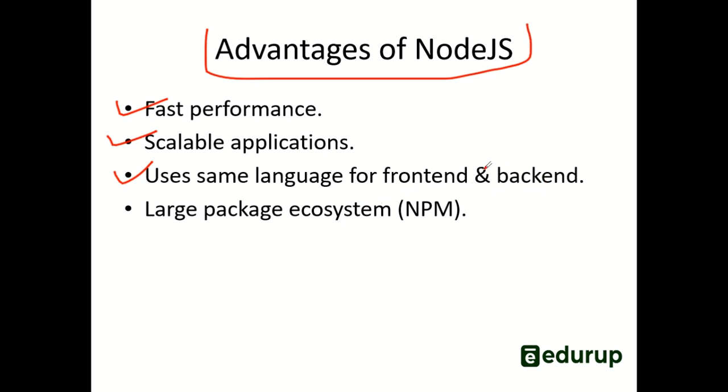In the MERN stack, the language is the same for the front-end and back-end. And a large package ecosystem: NPM, Node Package Manager. This large package ecosystem helps Node.js to create applications. So these are the advantages we have.